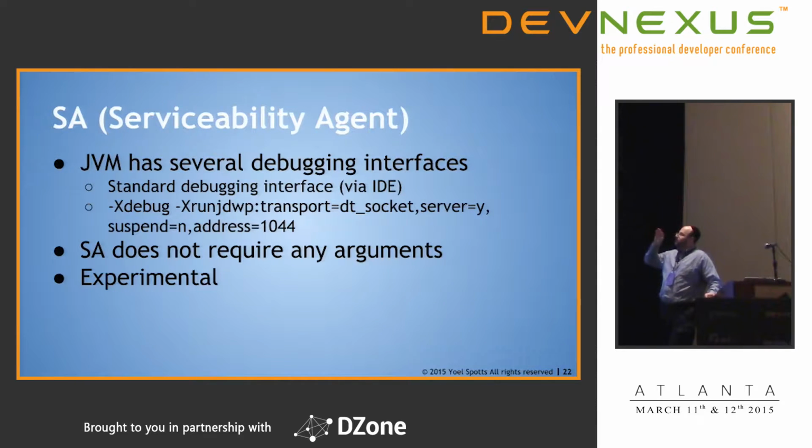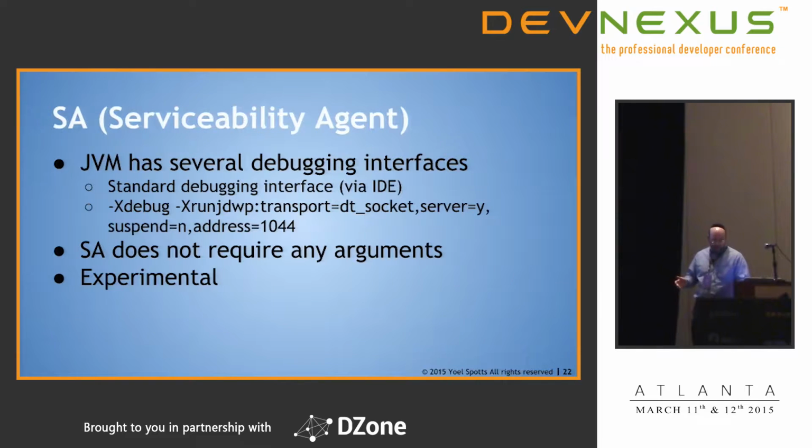That is the standard way of attaching a debugger. The serviceability agent is considered experimental and does not require any arguments. Again, it's this entry point into the JVM, which is a little bit more intrusive than standard debugging. But the advantage is that it does not require starting the process with command line arguments.